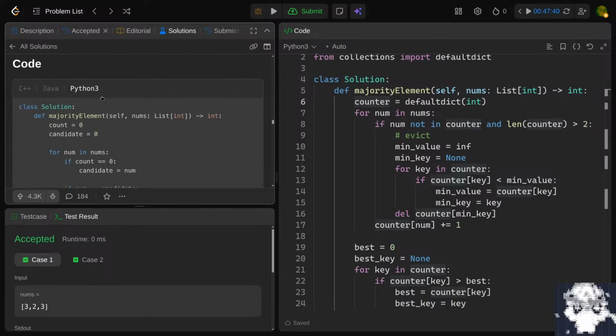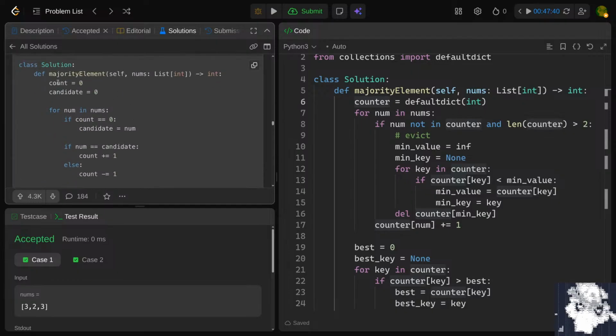And then is this going to be basically what we're doing? If count equals 0, candidate is num. If num equals candidate... okay, so the first time it encounters a number, it says that's my candidate.